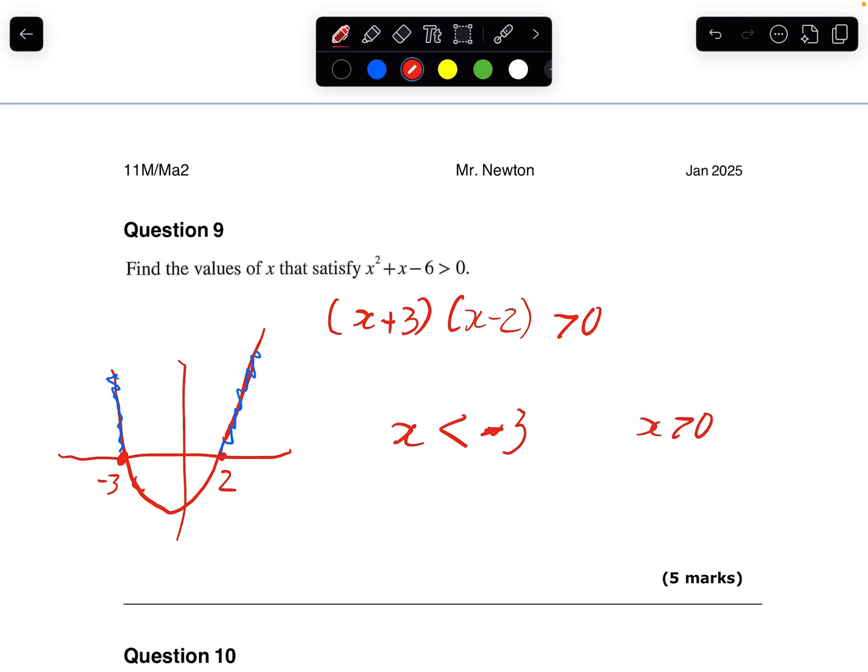Since they are disconnected sections, we're going to use the word or. Okay, so x is either less than minus 3 or x is greater than 2. Once again, you could choose a number for both of these and see that it works. If I choose 5, for example, 5 squared is 25, 25 plus 5 is 30, 30 take away 6 is 24, 24 is greater than 0, so that works. Similarly, I could put a negative number below minus 3 in and see if that works.